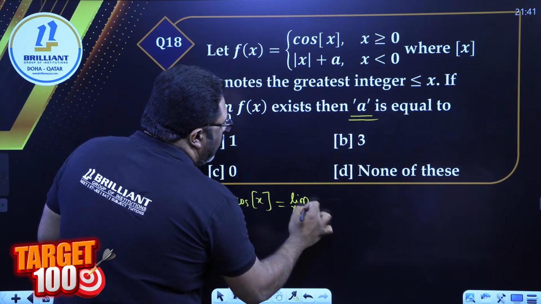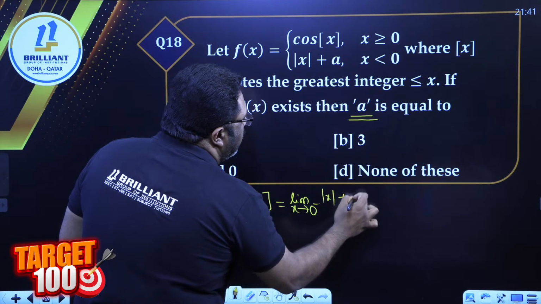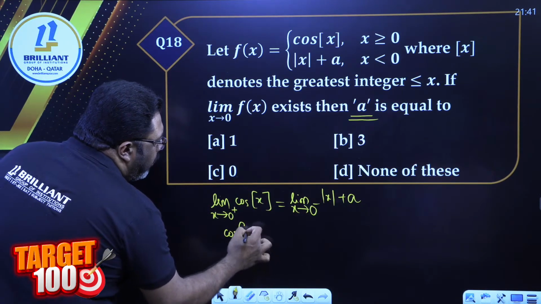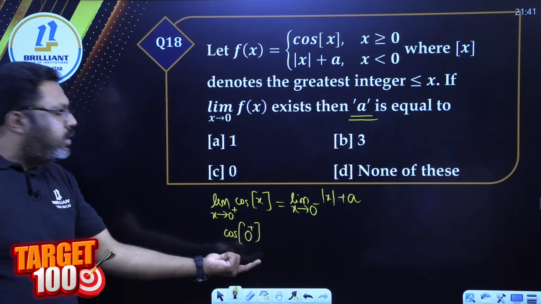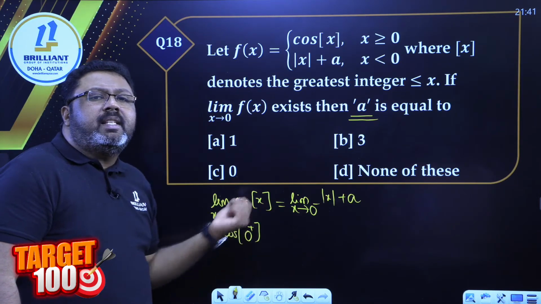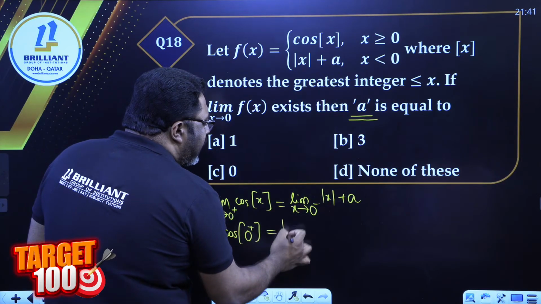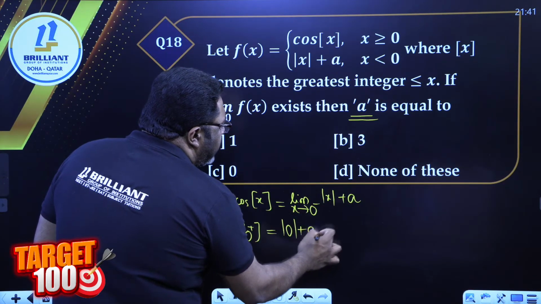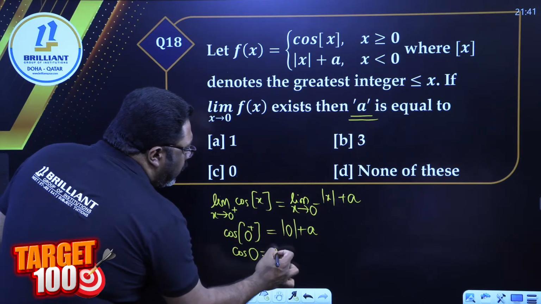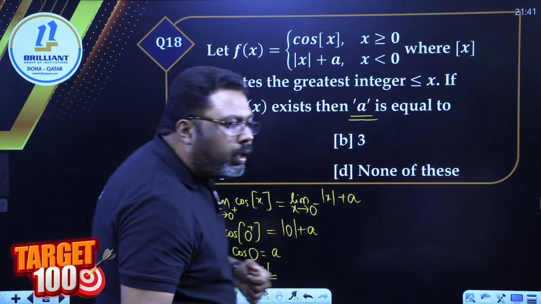This is less than 0, mod x plus a. What happens if I substitute a number which is slightly more than 0 inside the greatest integer? Greatest integer of something slightly more than 0 is still 0. In modulus, it doesn't affect it at all. It's mod 0. So this is going to be actually cos 0 equal to a. a is equal to 1.